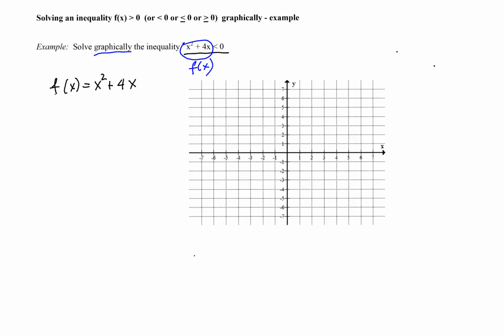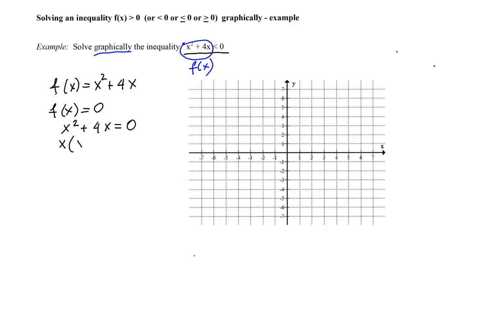Now this function is a quadratic function, and therefore its graph is a parabola that opens up, since the coefficient of x squared is equal to 1. It's positive. So to graph this function, I will find the zeros of that function, the x-intercepts, and therefore I need to solve the equation x squared plus 4x equals 0.